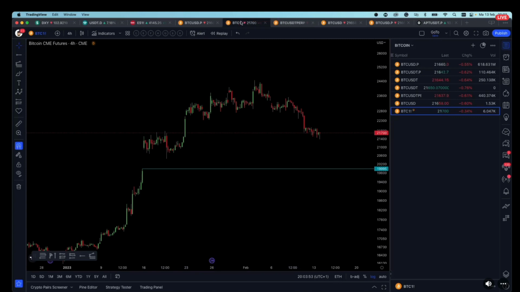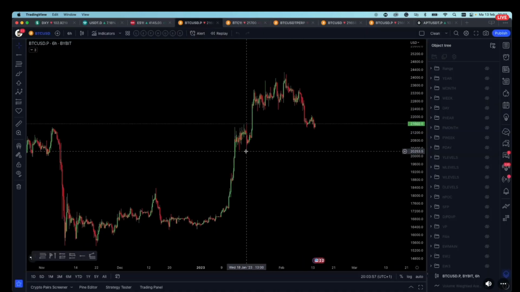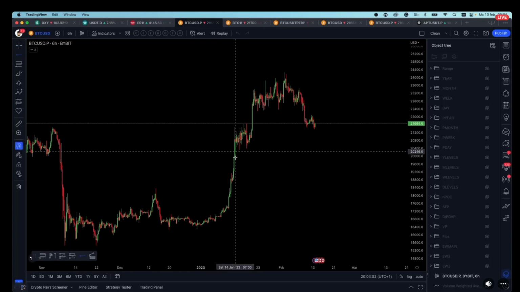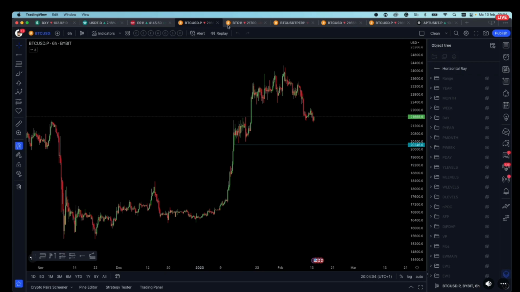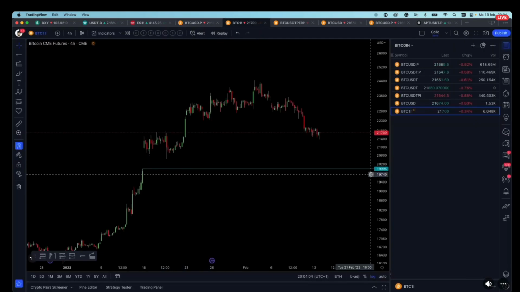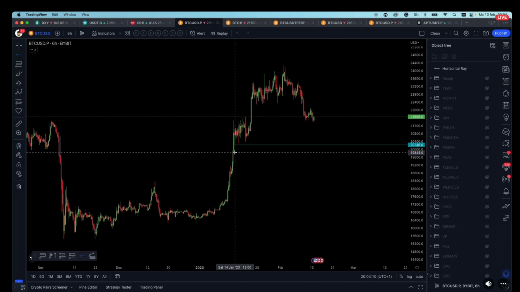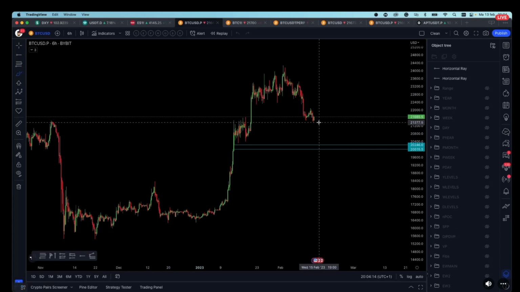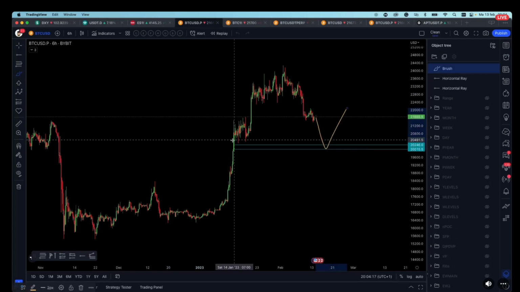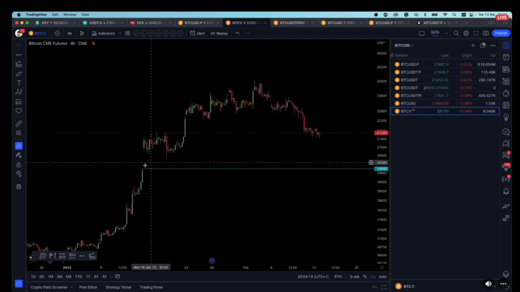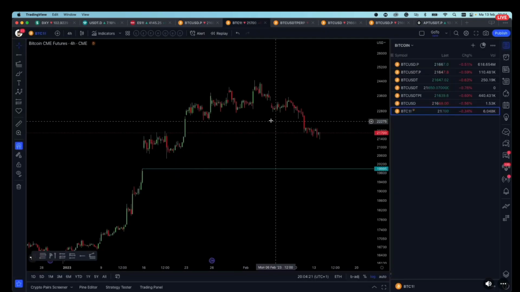And if we compare it with my target, my actual buy target would be here, and the gap is basically at 20K. Like I said, that would be the best case scenario: taking out these stop losses, bouncing from the CME gap, and then moving higher.